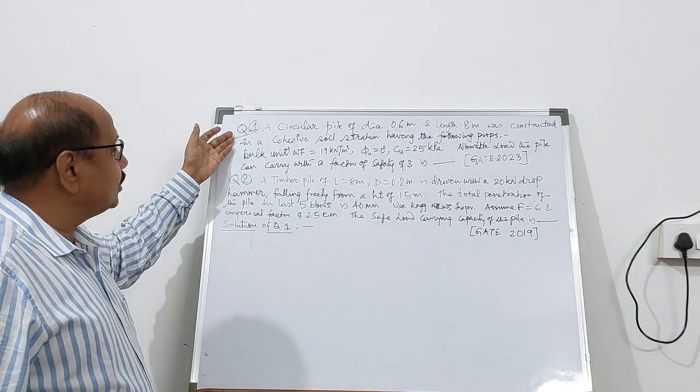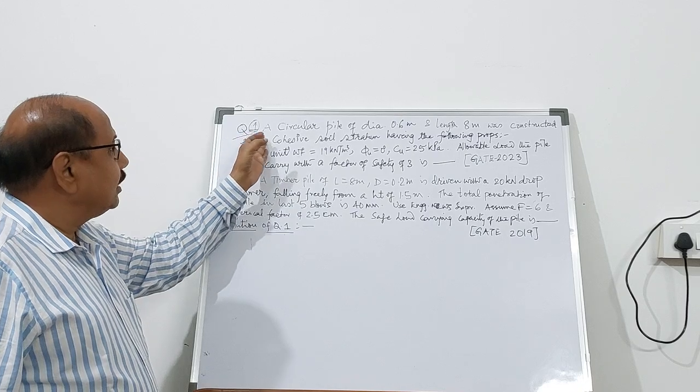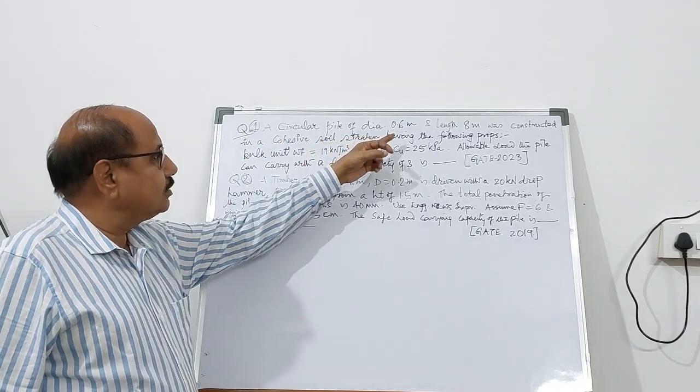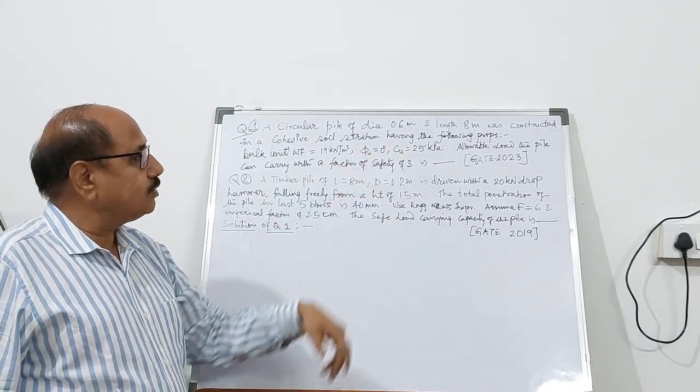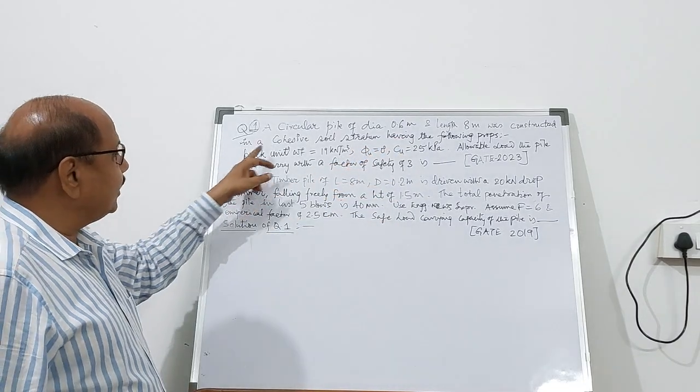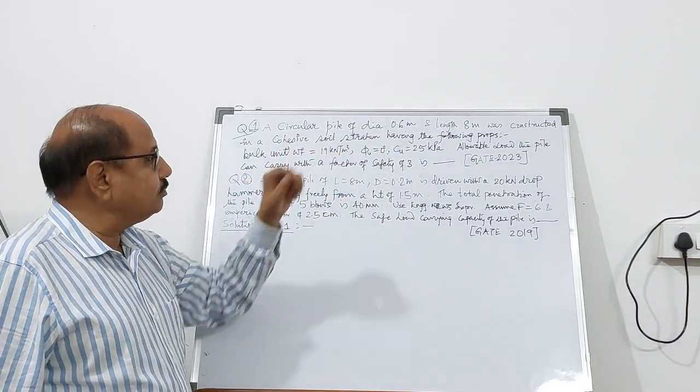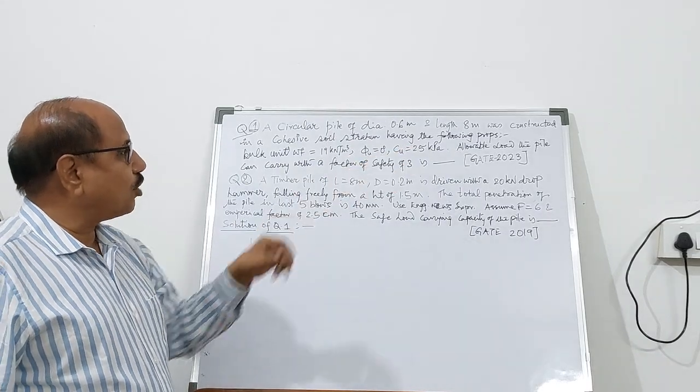So if you see question number 1, a circular pile of diameter 0.6 meter and length 8 meter was constructed in a cohesive soil stratum having the following properties.